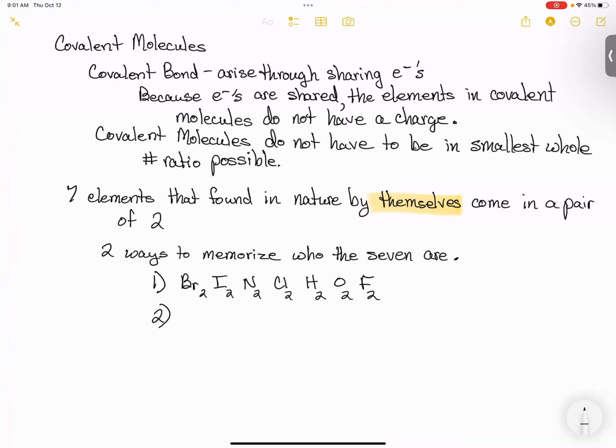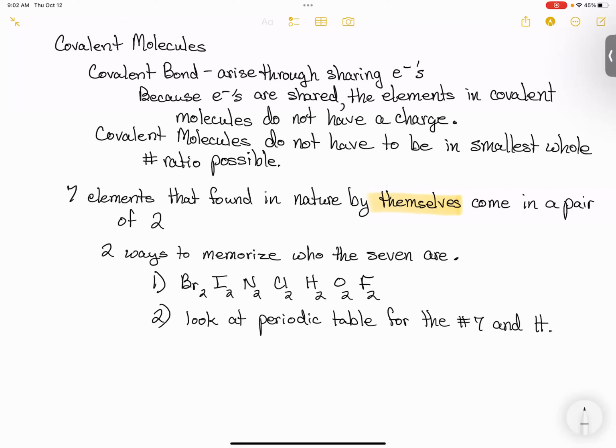The second way to memorize them is to look at the periodic table. For the number 7 and add hydrogen. We start with nitrogen, oxygen, fluorine, chlorine, bromine, and iodine.